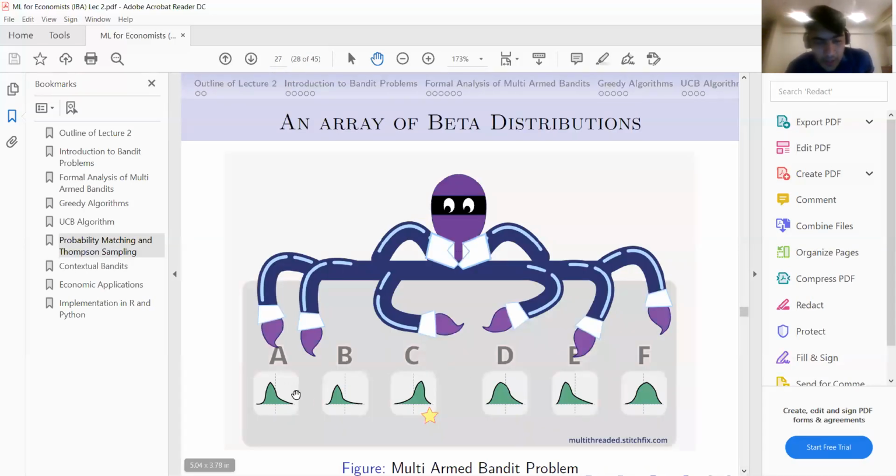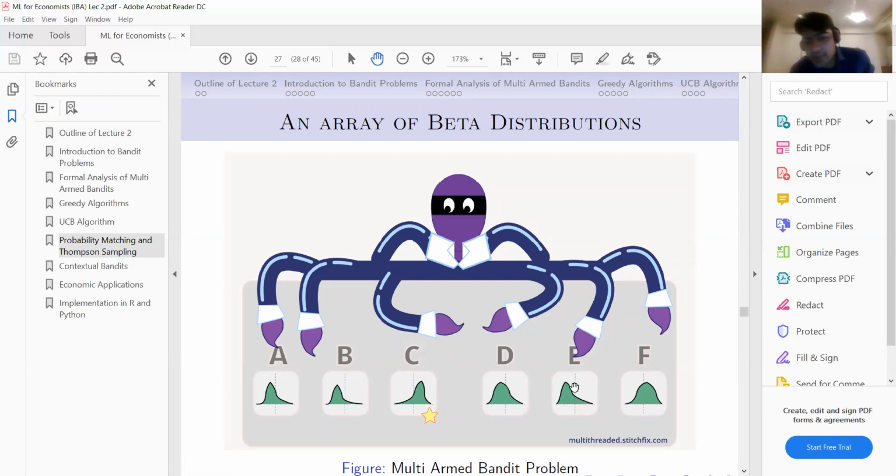So I come back to this octopus diagram because these green distributions are basically beta distributions. So in this case, actually, it's not very clear in the diagram, but you should choose E. If you sample from the E distribution, you have this vertical line, which will give you the highest expected reward from the sample.